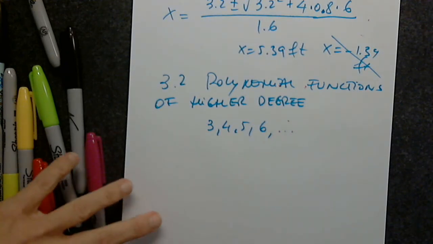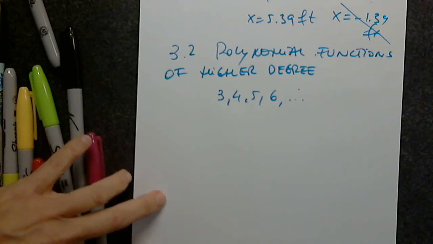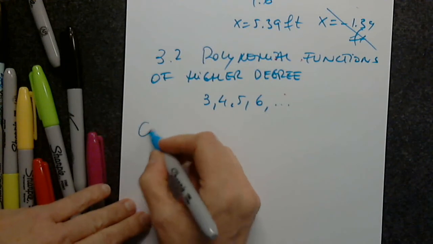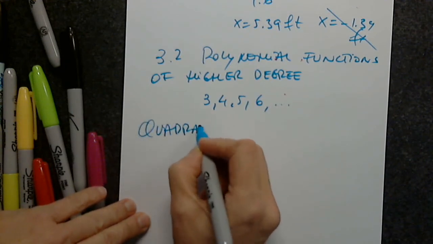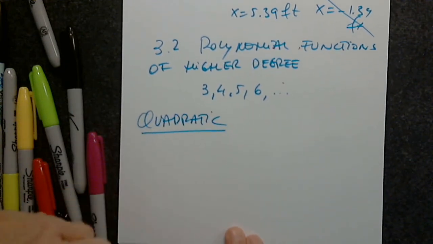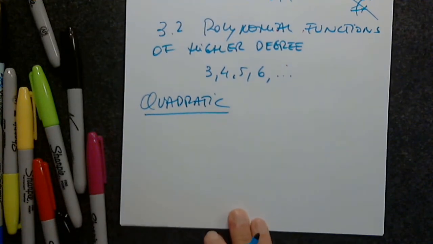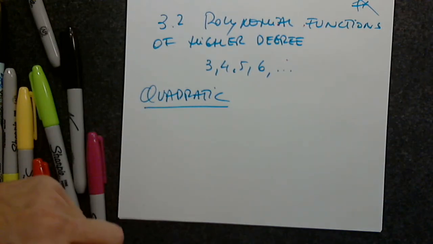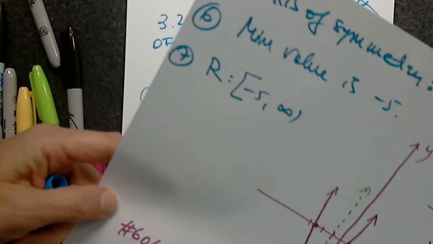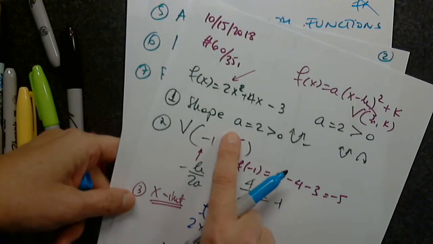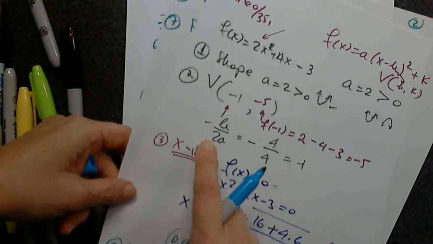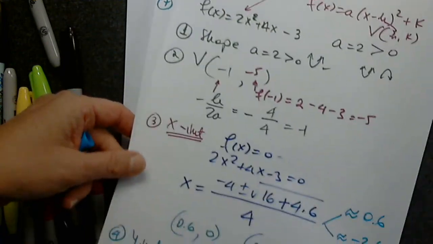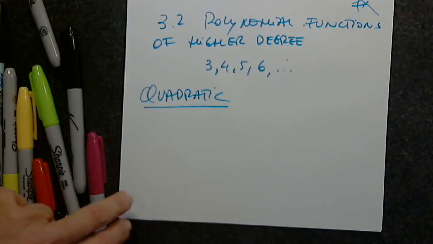Okay, so we're going to start with degree 3 and so on and so forth. But first, I would like to go back for a moment to quadratic, just to list what we just looked at, those 7 items. You don't have to write them one more time, but I'd recommend you do. So the first one was the shape, then the vertex, the X-intercepts, if they exist, the Y-intercept, axis of symmetry, max min, because I want to say a few things here.